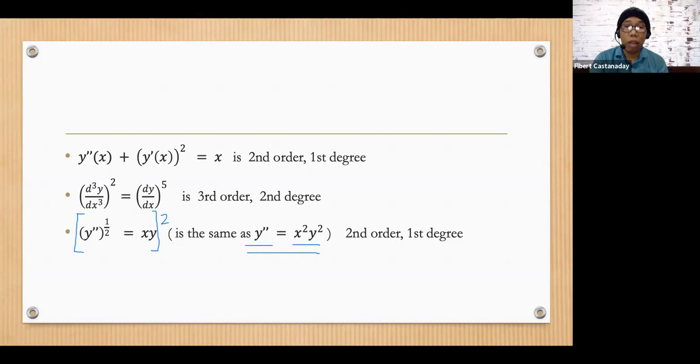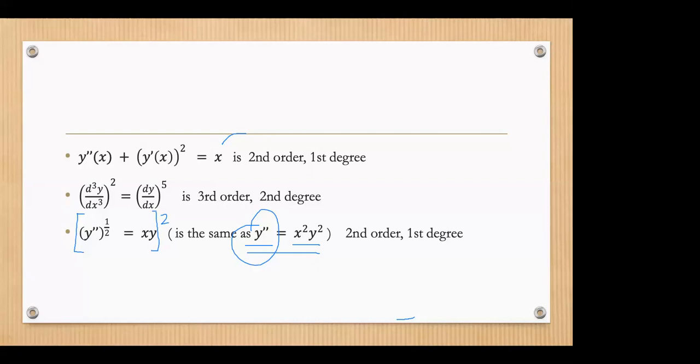Then you can now answer the degree of this differential equation, and that is first degree. What's the exponent of y double prime? 1, right? So the degree is first degree. Okay, understood? Questions? Clarifications? None?